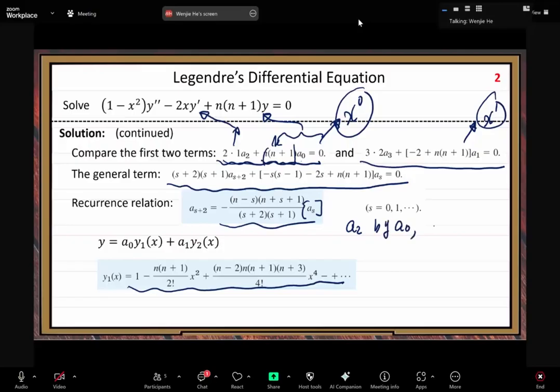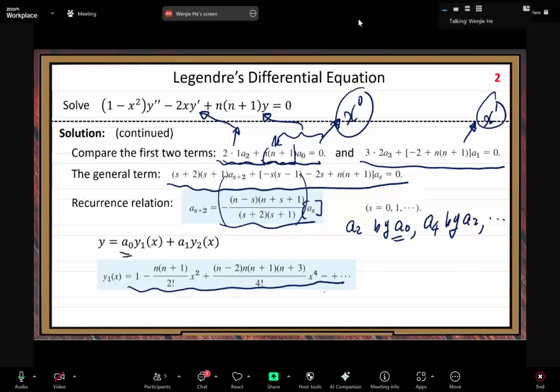When you calculate A4, you need to use the value of A2, and so on. That's why you can factor out A0 everywhere, because A2 is a certain multiple of A0, and so on.